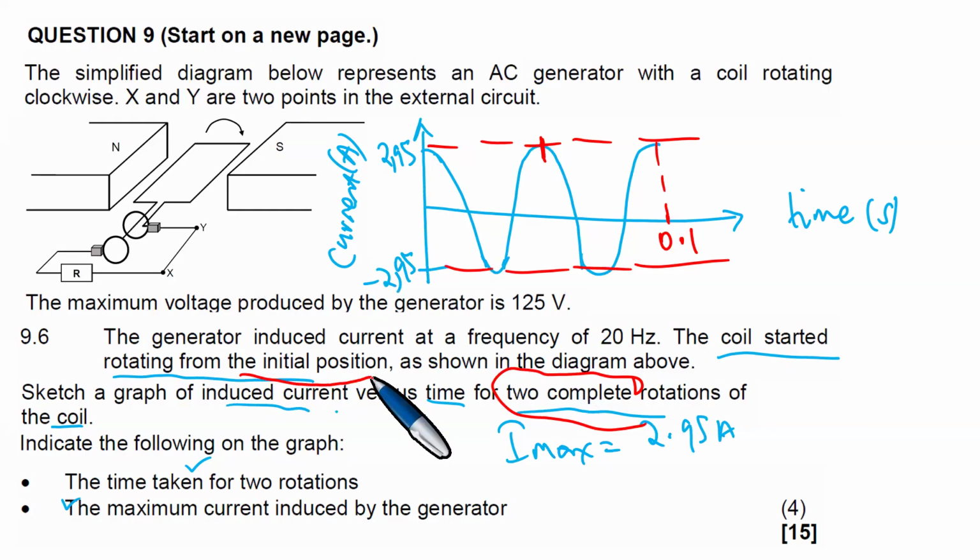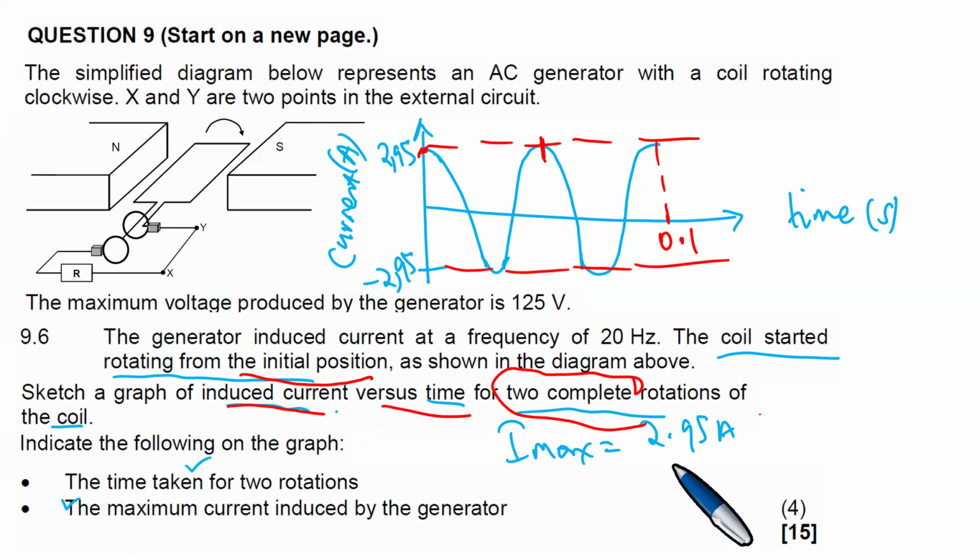From the initial position, it indicates that we will have to start sketching at the I max. That is the graph of induced current versus time for 2 complete rotations.